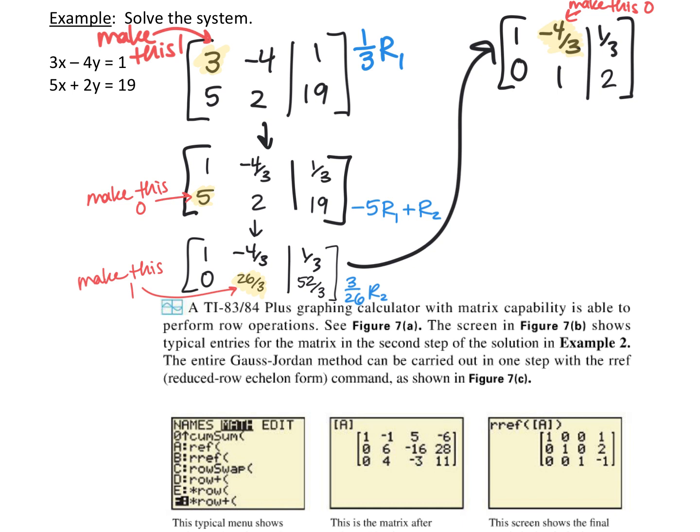What would I need to add to -4/3 to make it 0? 4/3. You need to add 4/3, okay? So you're going to do 4/3 times row 2 plus row 1. Because you can't just add 4/3, you have to add 4/3 of row 2, because row 2 has a 1 anyway, so it's going to help you out.